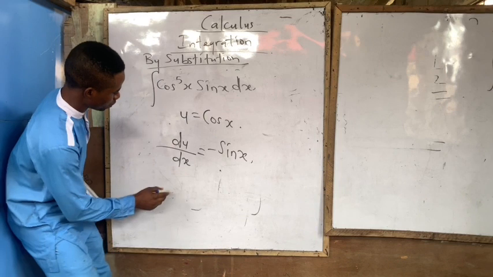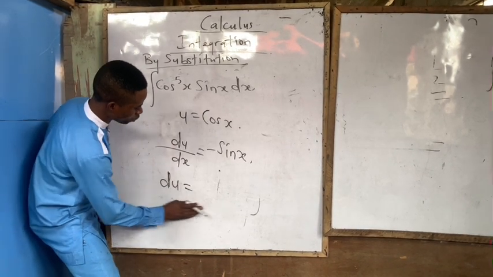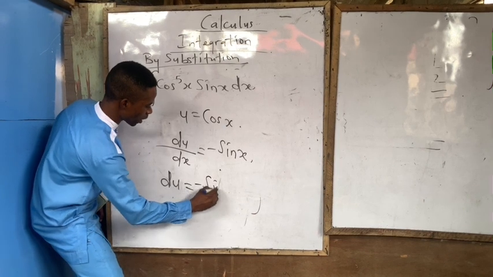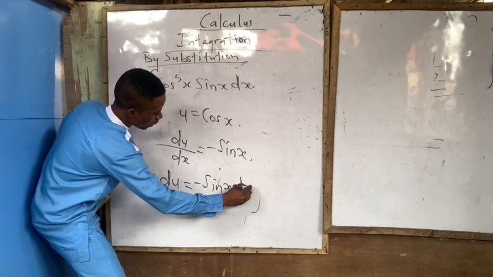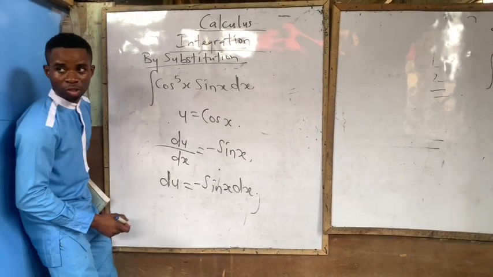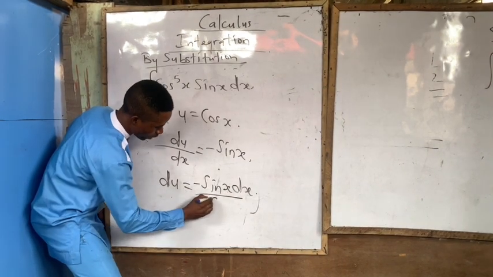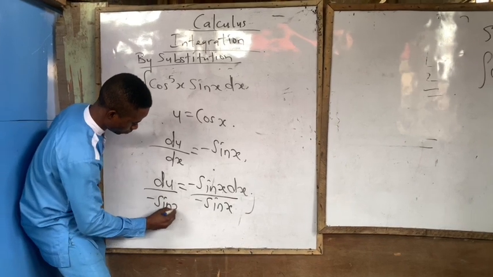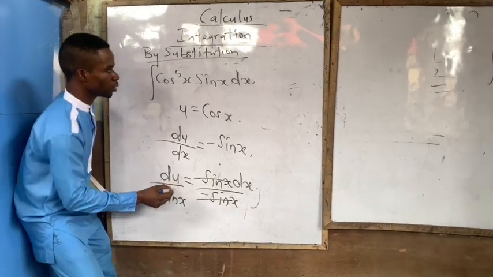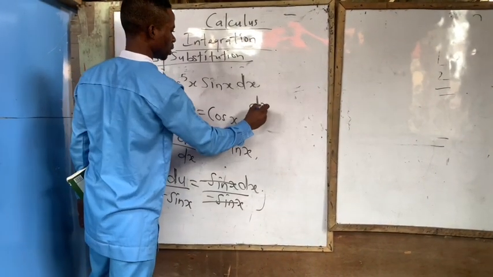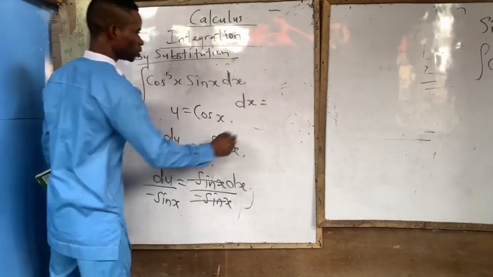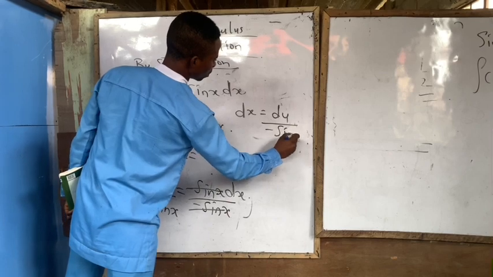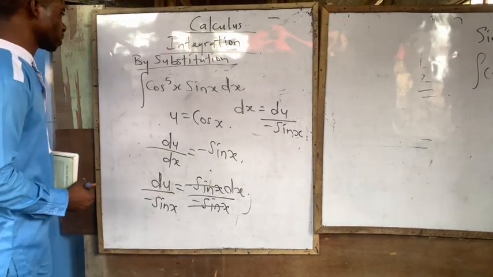So just say du equals minus sin x dx. You divide both sides by minus sin x because you are looking for dx. That means our dx equals du all over minus sin x.